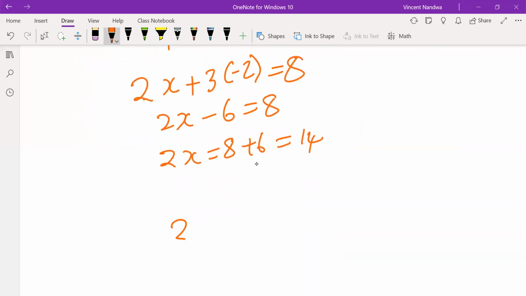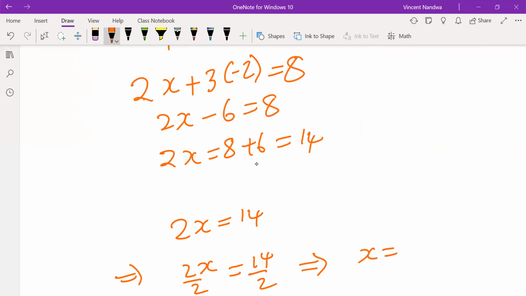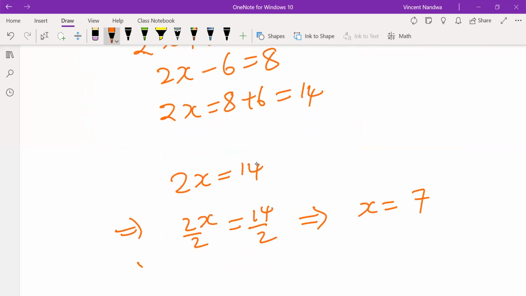Then 2x equals 14 means to get x, we divide through by 2. So x equals 7. Therefore, x equals 7 and y equals minus 2 is the solution.